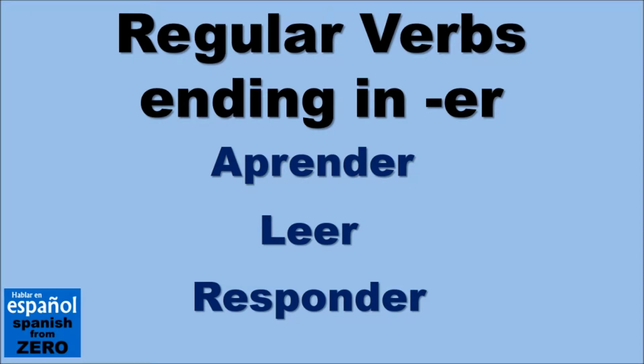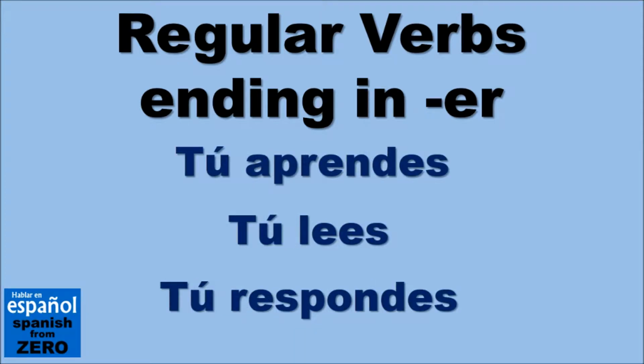So here are some examples of the regular verbs ending in ER: aprender, leer, responder. All of them, when they are conjugated, change in the same way. That's why they are regular verbs. For example, here you can see I'm conjugating with the pronoun tú.